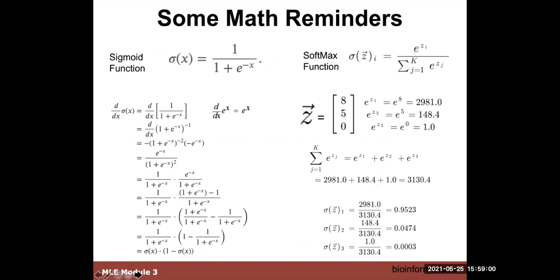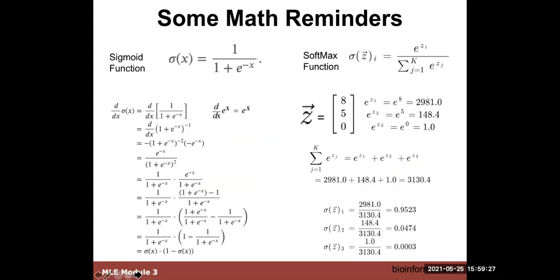We're going to use a softmax function for layer 2, but this is just some math to remind people about the difference between a sigmoidal function, which is 1 over 1 plus e to the minus x, and the softmax function, which is similar, I guess, to the sigmoidal style, but it's a sum of different exponential functions.